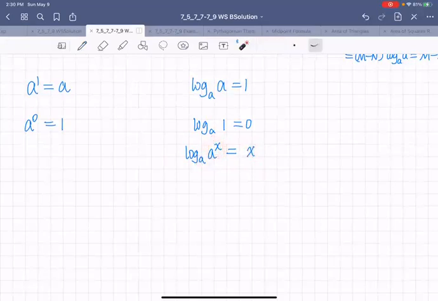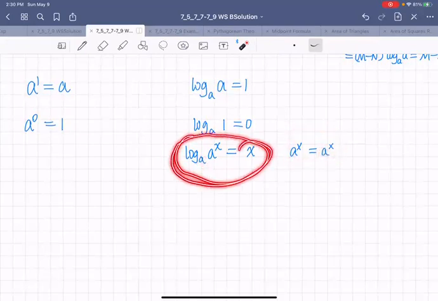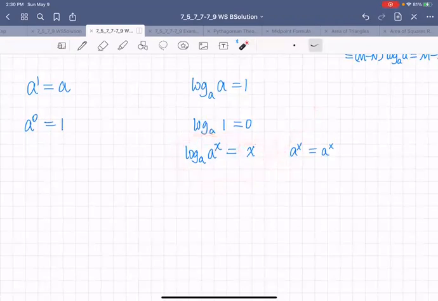I say one more time, a to the power x is this. A to the power x, of course, equals a to the power x. So if you treat one of them as a base, then this guy is always true.